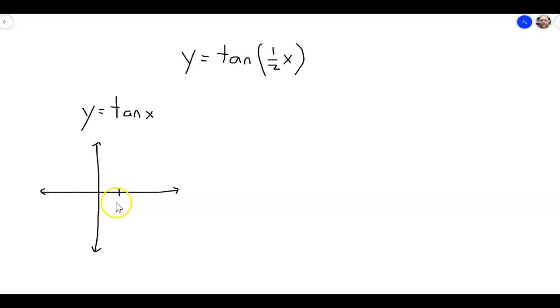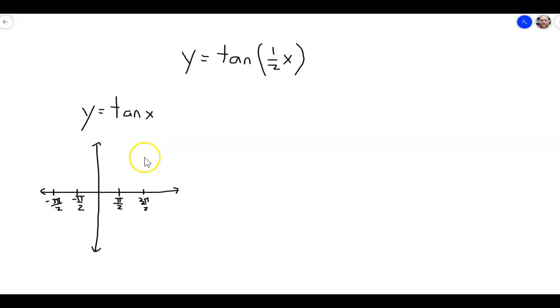And we've got a pi over 2 here, and a negative pi over 2 here, and over here 3 pi over 2, and over here negative 3 pi over 2.